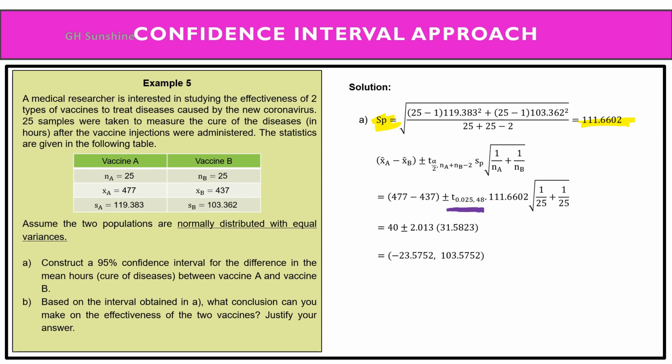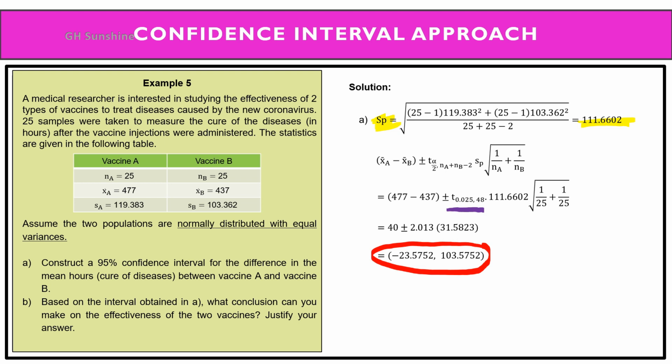Second question, question B. Based on the interval obtained in A, what conclusion can you make on the effectiveness of the two vaccines? Justify your answer. This means you want to use the confidence interval values to support your answer.